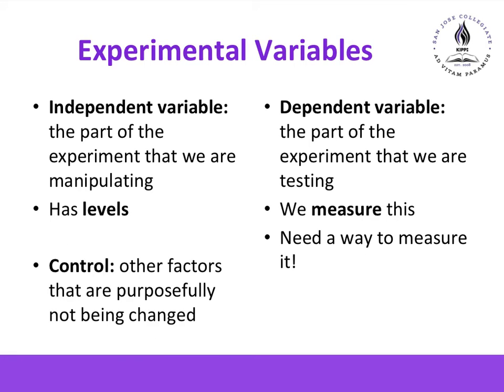Okay, so in order for us to do the experiment, we need to define this idea of independent variables and controls and dependent variables. I just wanted to go over this with you really quickly because you have to do this. We did this a little bit in our science fair work time, but I'm going to go over it, and I want you to write this down in your notebook. The independent variable is the part of the experiment that we are manipulating, so we are intentionally changing it.